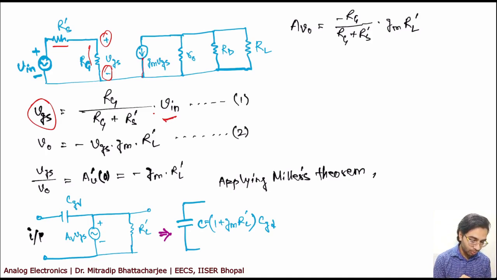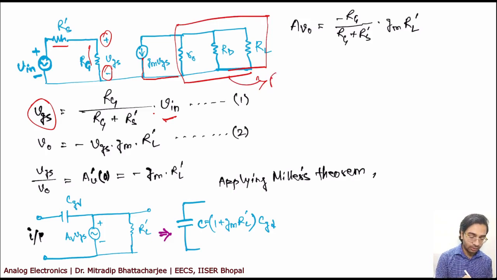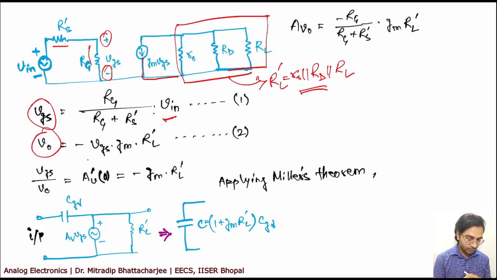Similarly, your output voltage: this is your current, and it flows through this output circuit, and the equivalent resistance of that is RL dash, which I already have shown is equal to R0 parallel RD parallel RL. So V0 is equal to minus gm VGS times RL dash. Now what is the V0 by VGS value?